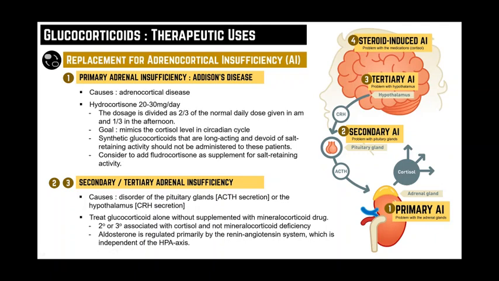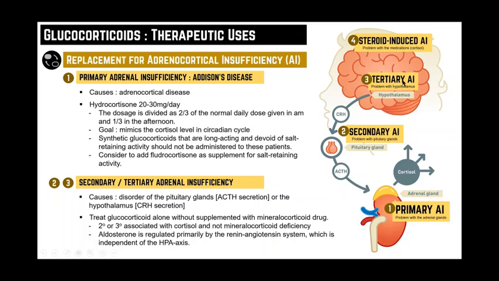Prolonged administration of steroids may also induce Addison disease, as can cancer and abnormal growth of the adrenal glands. Patients with Addison disease will receive hydrocortisone 20 to 30 mg per day. In our practice, we usually divide the dose into two-thirds in the early morning and one-third in the late afternoon. This practice is to mimic the cortisol level in the circadian cycle.